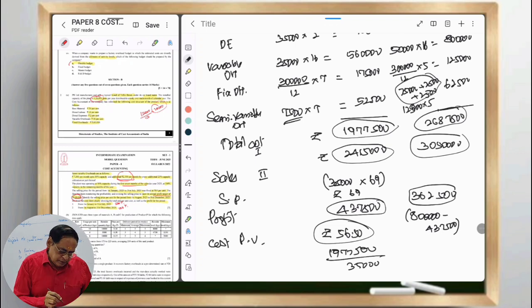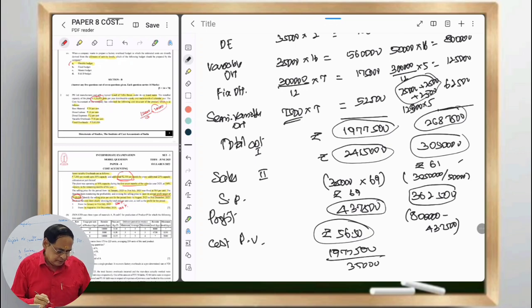We know sales value, selling price we have to find out. Here we have to calculate total selling value 30 lakhs 50,000 divided by 50,000 units. So selling price will be 61 rupees.